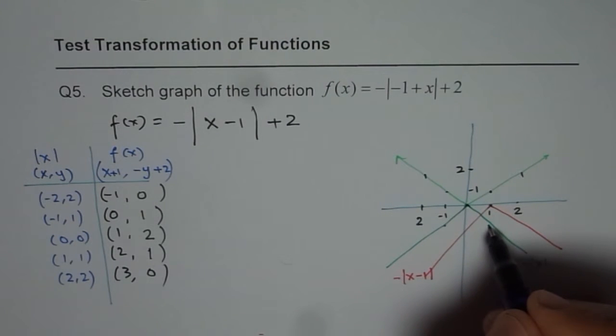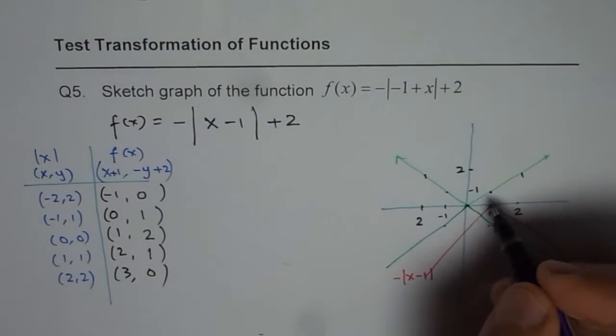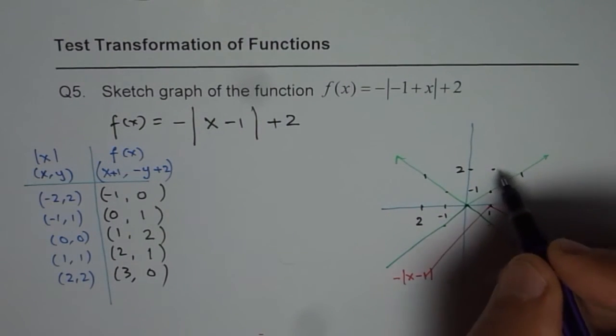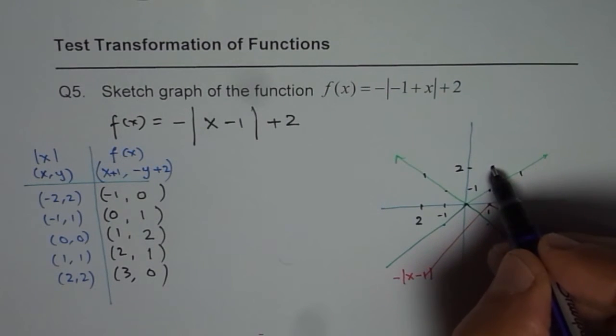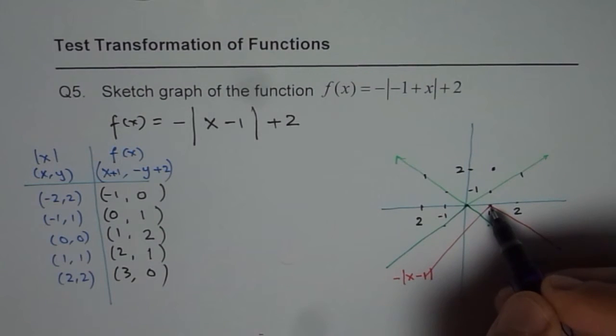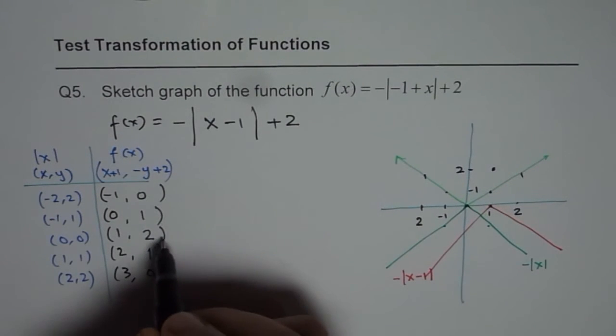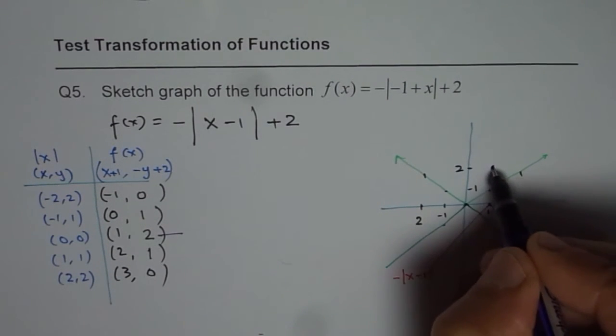And then 2 units up. So 1 and 2, it will be 2 units up. Then we get our final graph. I don't have real graph paper, but the vertex you can see is at (1, 2).